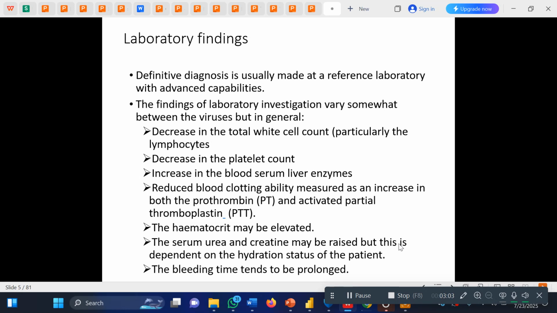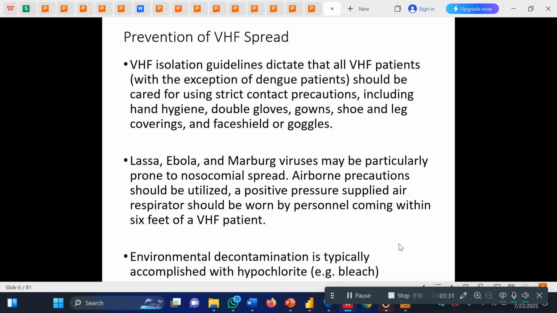There is an increase in serum liver enzymes, and reduced blood clotting ability, measured as an increase in both the prothrombin time and the activated partial thromboplastin time. The hematocrit may also be elevated. The serum urea, electrolytes, and creatinine may be raised, but this is dependent on the hydration status of the patient. Bleeding time tends to also be prolonged.